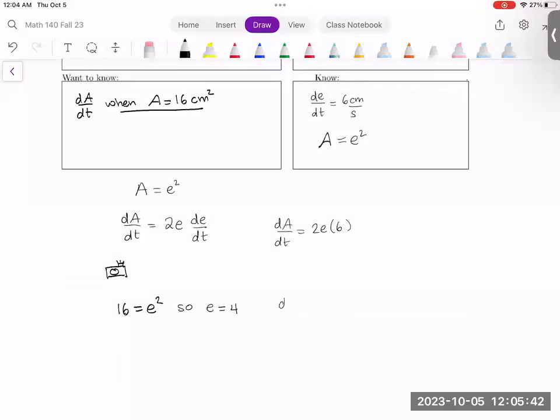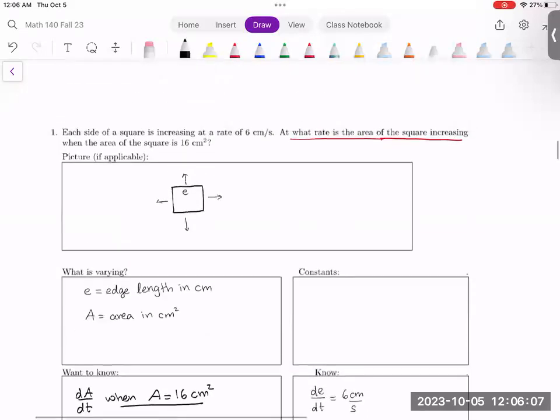All right, and so plugging that into our equation, we get dA/dt is equal to 2 times 4 times 6, or 8 times 6, 48 centimeters squared per second. Alrighty, and that was what we were interested in.